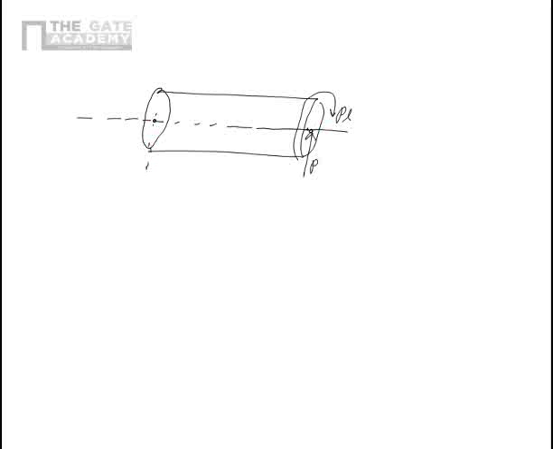Now at this point, let's say this is A and B, we have maximum bending stress, that is equal to 4PL upon pi R cube at A and B. I can just put plus and minus to show that at A it is minus and at B it is plus.